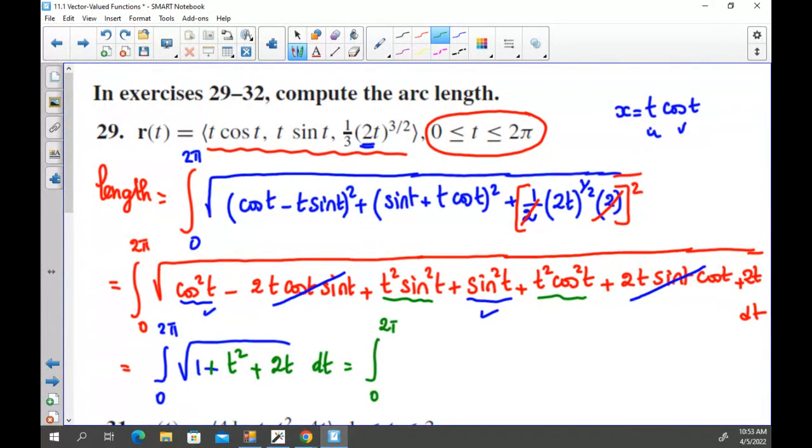Now, can you notice something about what is inside? It's 1 plus t squared, because if you open this, what do you get? 1 squared, which is here. 1 times t times 2, which is 2t, which is here.